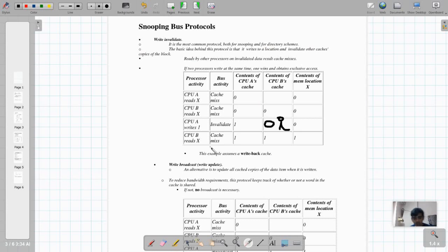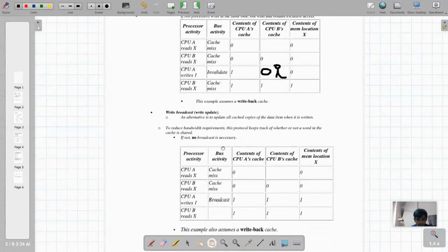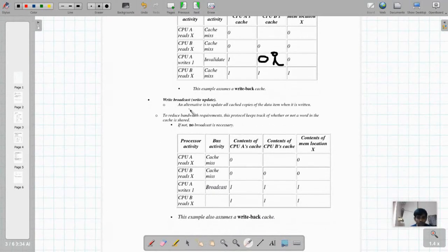Now at the next stage, what will happen? It will send a write update or write broadcast message to the shared bus. And the goal is to update all cached copies of the data item when it is written. So how does this go on?